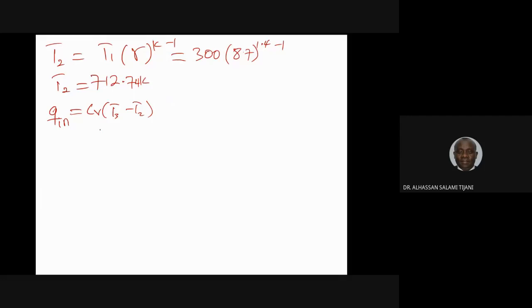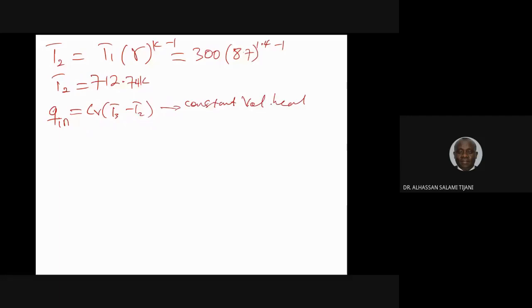Consider state 2 to 3: this is only a heat addition, so constant volume heat addition. And 3 to 4 is isentropic expansion.